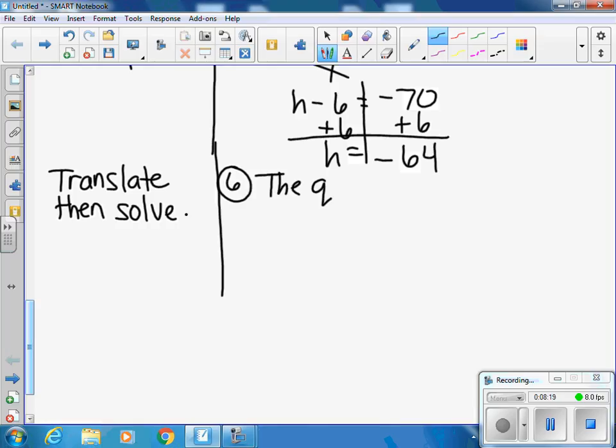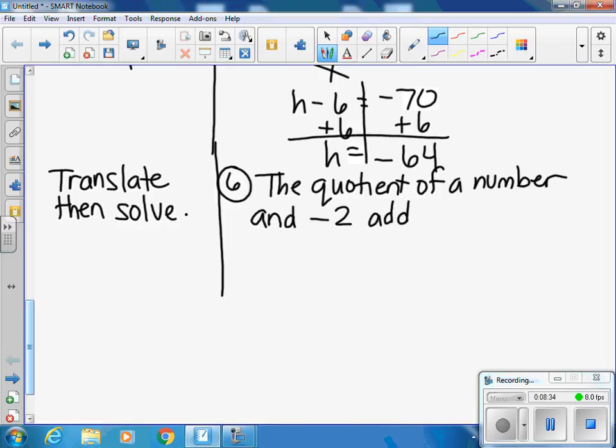The quotient of a number and negative 2 added to negative 8 yields 10.